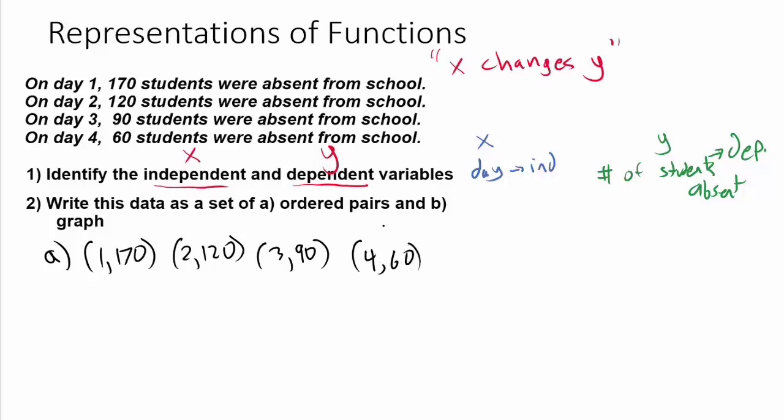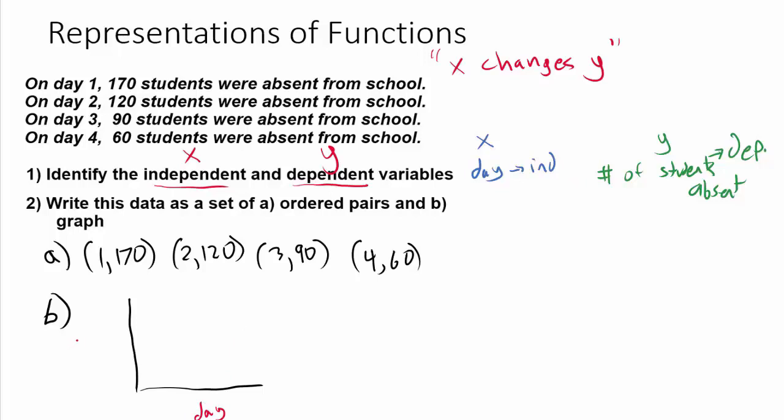Now let's go ahead and look at a graph. A graph would look something like this. This is just going to be a real quick sketch. I'm not going to get too detailed with this. On the x-axis, we should be talking about the day, so I'll put day down here.